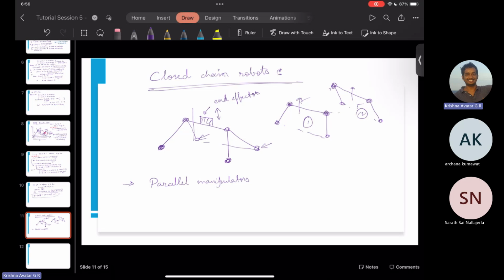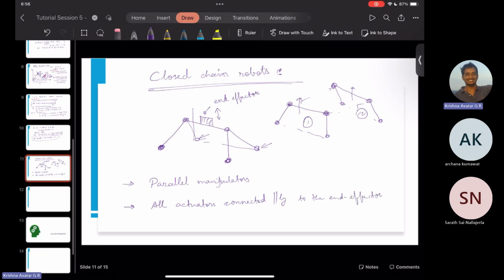So by design, they are always parallel manipulators, with all actuators connected parallelly to the end effector. You can see that clearly here as well. So this is what closed chain robots essentially are.